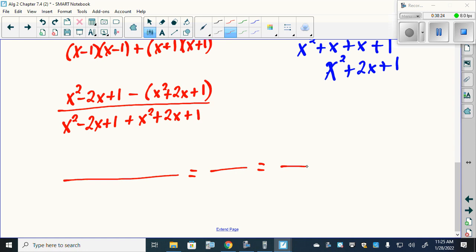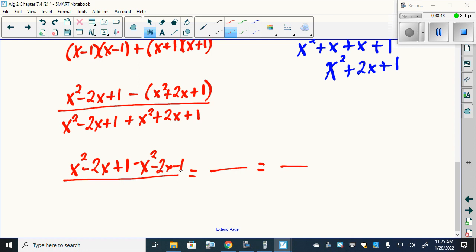And it's about to get a lot smaller. So in the numerator, I'm just going to change the signs of the second, so distribute that negative. So we would actually get negative x squared minus 2x minus 1. We're just making those negative. Now the denominator, we don't have any parentheses, so we can actually go on and combine like terms.